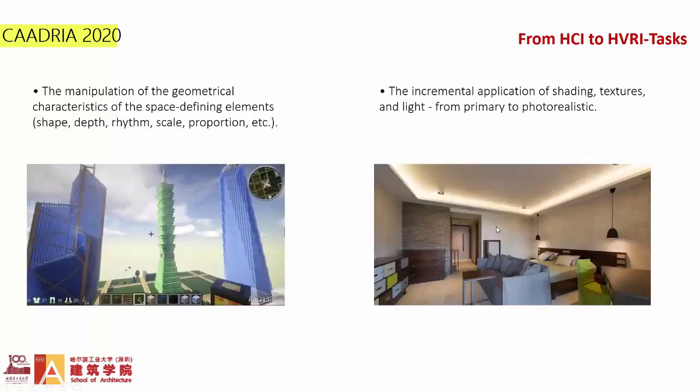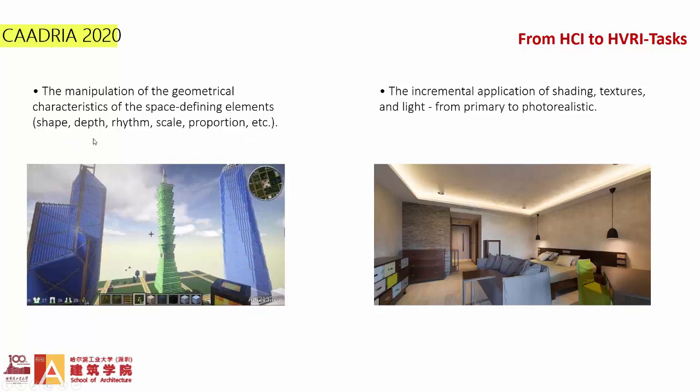So looking at all this technology and what we are hoping to achieve, from human-computer interaction to human virtual reality, there are a few points that we need to add. The first one is the manipulation of geometric characteristics of space-defining elements.